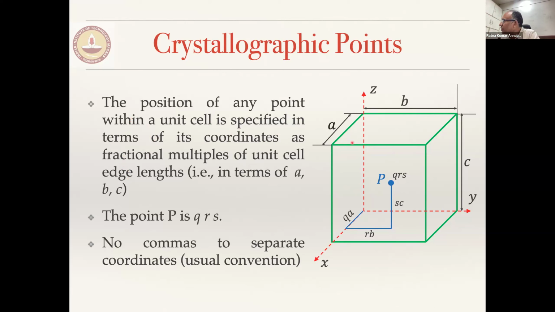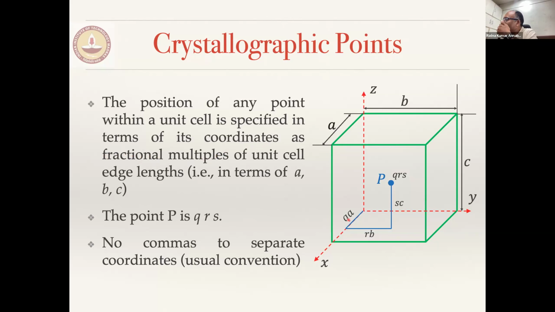For example, if you take this unit cell, along x the length is A, along y the length is B, and along z the length is C. Now, when you describe a point, you describe the position as fractional multiples of that unit cell.